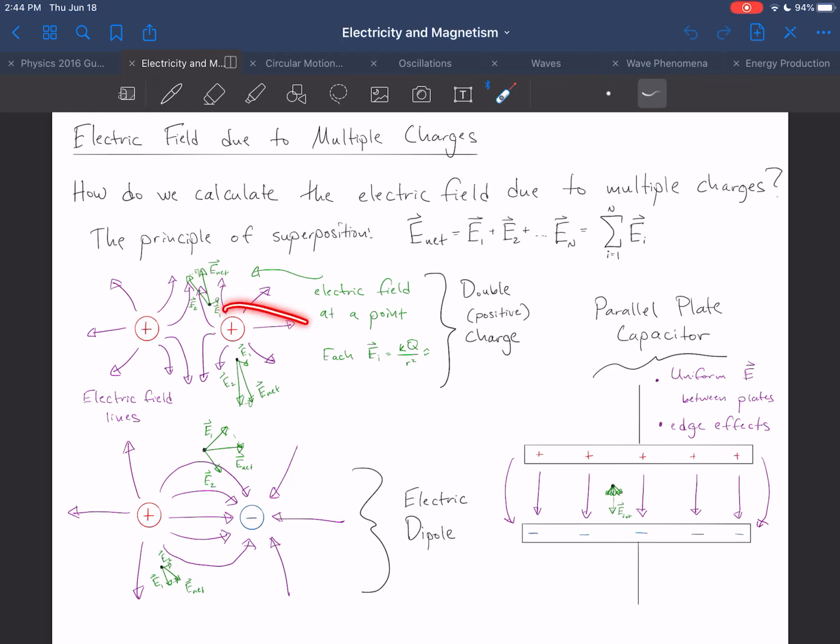Each magnitude of those arrows, E1 and E2, is calculated separately using our electric field at a point formula, which is kQ over r squared r hat. So we can calculate the electric field due to each one of these charges separately, and then add them like vectors. And the end result is a field pattern that looks kind of like this.